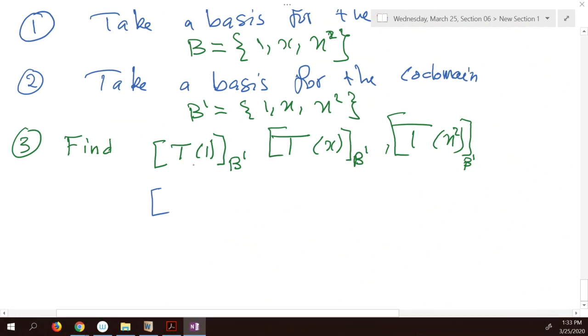Yes, what is T(1)? Yes, it's 0. What about the others? Can you confirm? What is T(1)? 0. All right, good. So all of you agree it is 0.